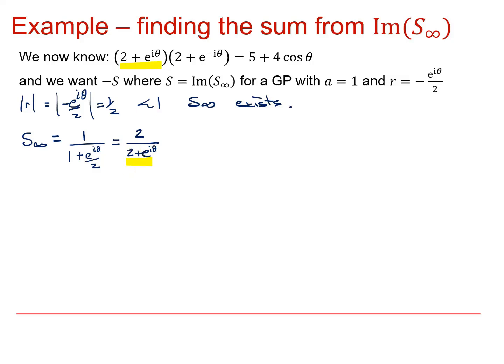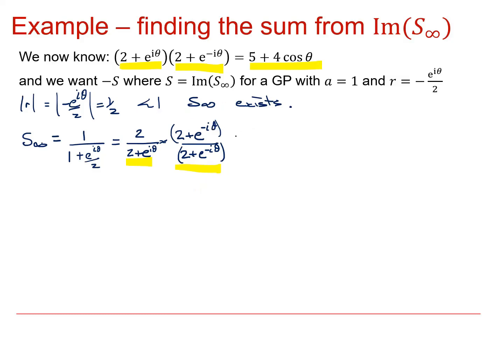So what I'm going to do is put in a factor of 2 plus e to the minus I theta, top and bottom, so it has no overall effect. Now on the bottom I've got 2 plus e to the I theta times 2 plus e to the minus I theta, and I know that I can replace that with 5 plus 4 cos theta.